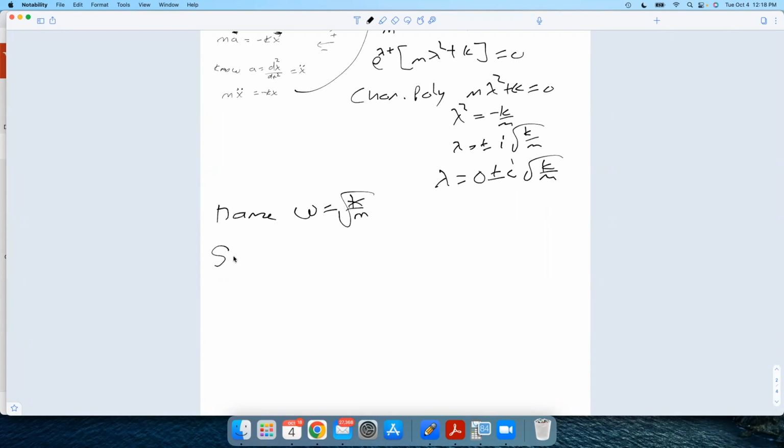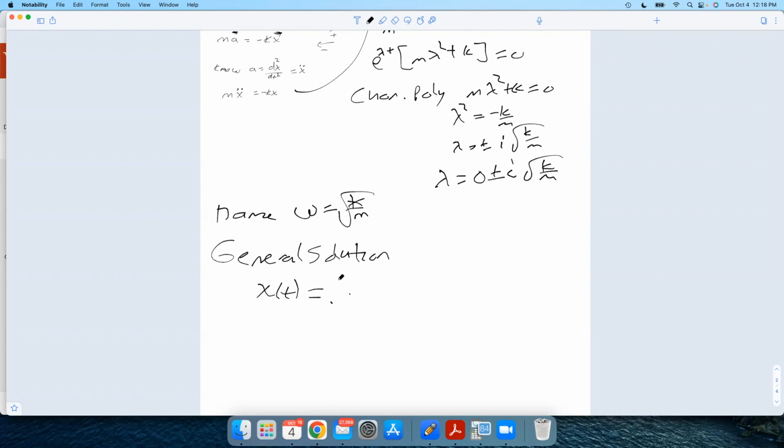And then our general solution will be x of t equals e to the 0 is just 1.